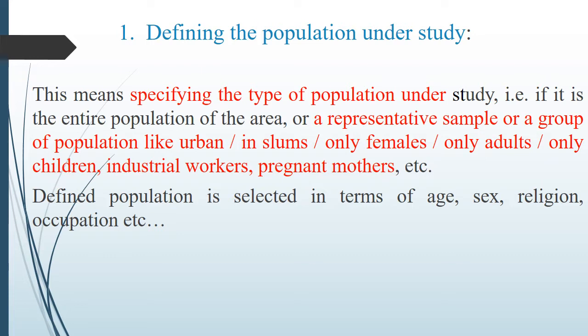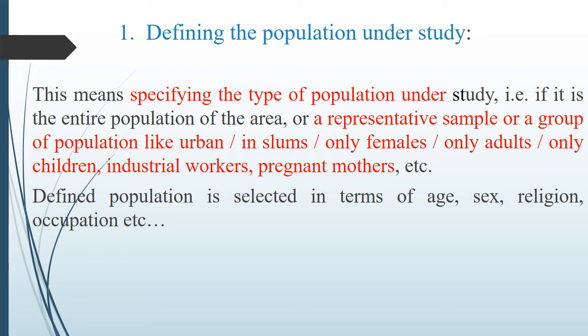It may be the entire population of the area, or a representative sample, or a group of the population, like urban, slum, only females, only adults, only children, only industrial workers, or only pregnant mothers, etc. So we have to mention clearly whom we are going to take as our population for the study.